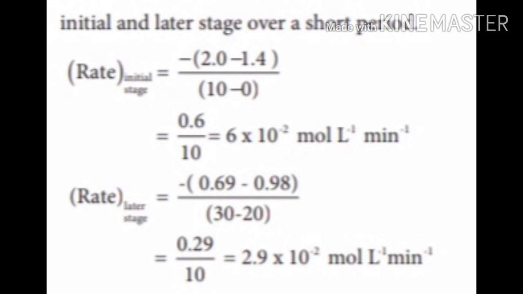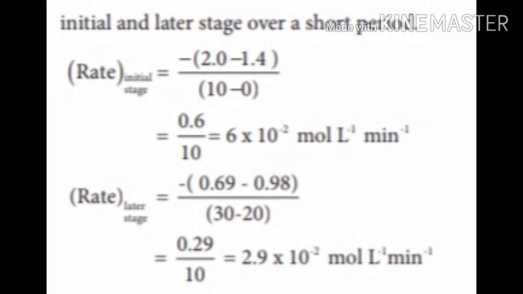So 0.6 by 10, which is 6 into 10 to the power of minus 2 mole per liter per minute. So the rate of the reaction at the initial stage is 6 into 10 to the power of minus 2 mole per liter per minute.